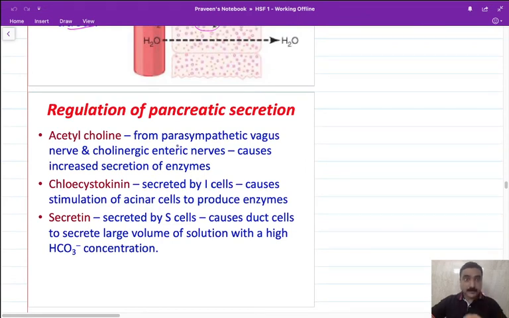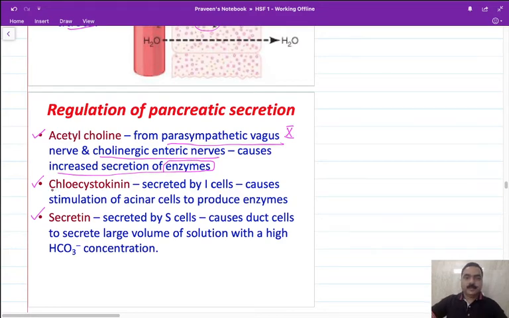The exocrine pancreatic secretion is regulated mainly by three things: acetylcholine, CCK, that is cholecystokinin, and secretin. Acetylcholine is coming from the parasympathetic system, that is the vagus nerve, the 10th cranial nerve, and the other cholinergic enteric nerves, and causes increased secretion of the enzymatic part.